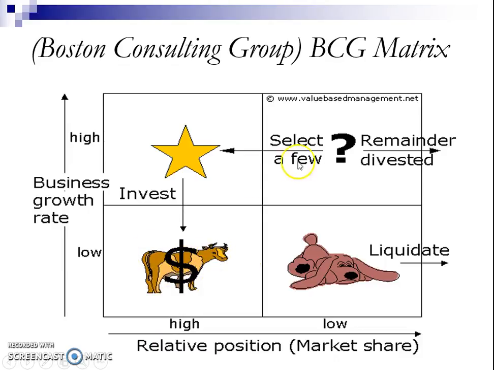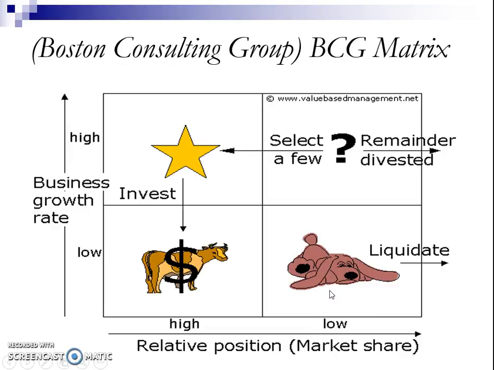The third category is when your business growth rate is high but the relative market share of the firm in that particular industry is low. Those are the question marks. And finally, we have low business growth rate and low market share. That category is called the dog category.